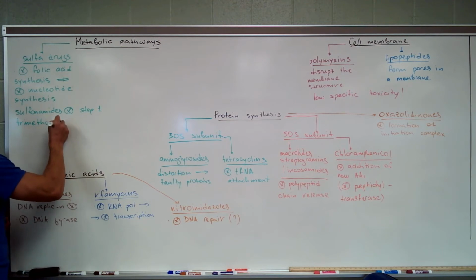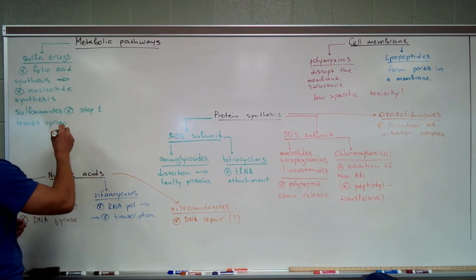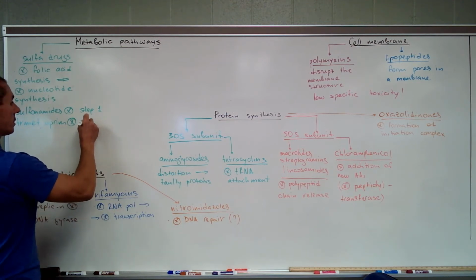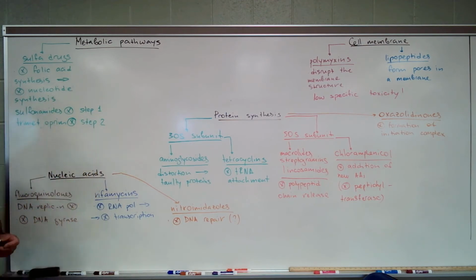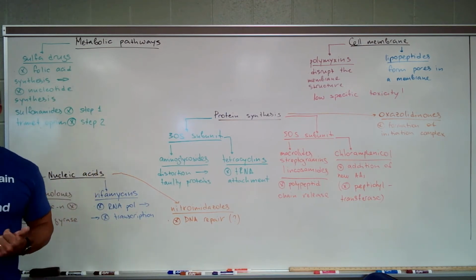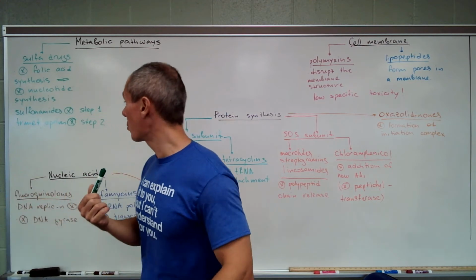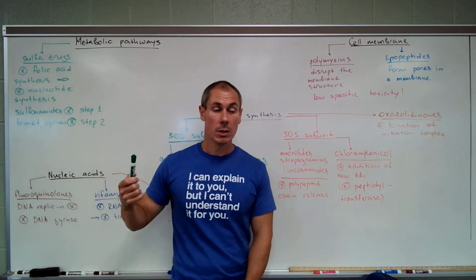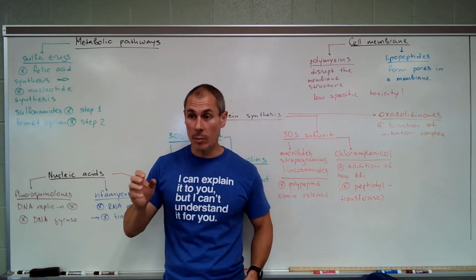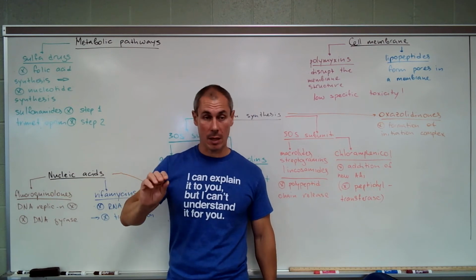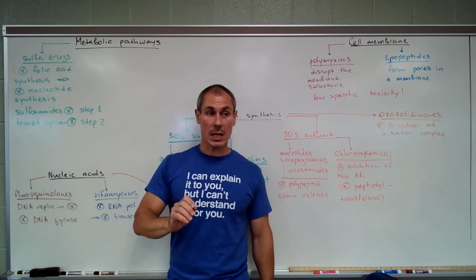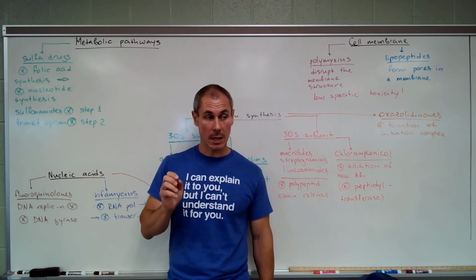Trimethoprim inhibits step 2. Or maybe 3, doesn't matter. Here's the point, and this is really an interesting observation. These drugs inhibit 2 different steps of the same metabolic pathway. Are you following me?